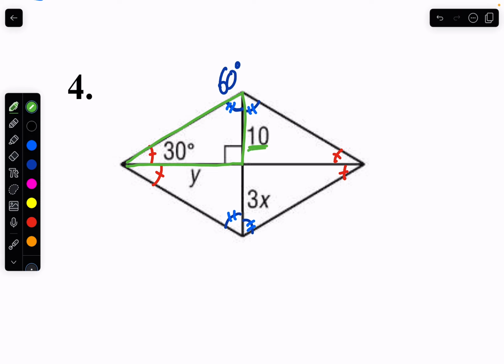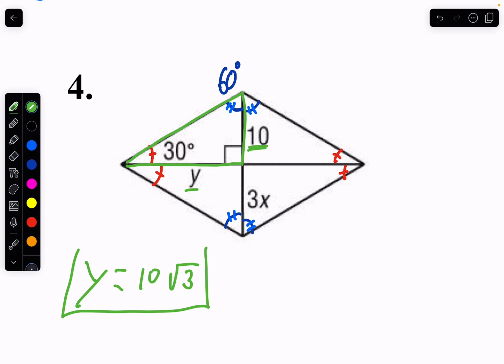And when I see 10, and that is the short side, y is the long side of a 30, 60, 90. Well, if the 10 is the short side and y is the long side, I'm going to apply what I learned in lesson 8-3, that the long side is just going to be whatever the short side is times the square root of 3. So y is just 10 square root of 3.